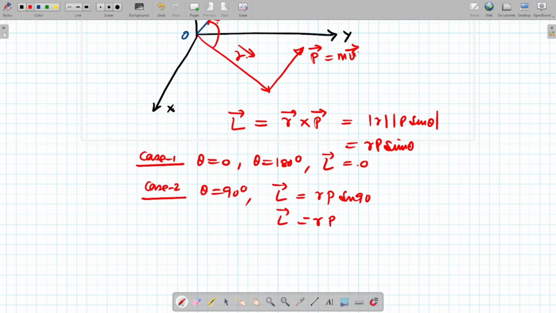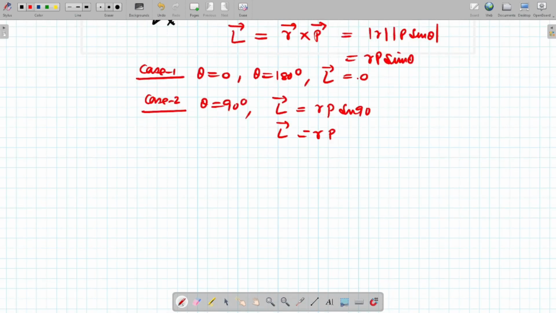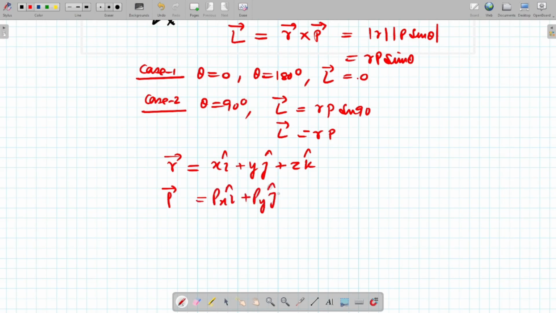We can also represent it in the vector form. We can take small r as x i cap, y j cap, z k cap, and then p can be written as px i cap, py j cap, pz k cap.